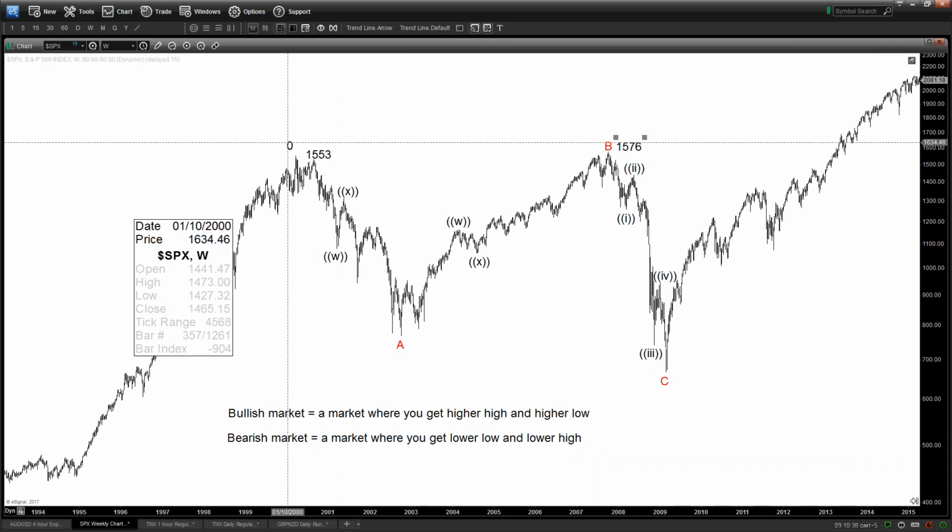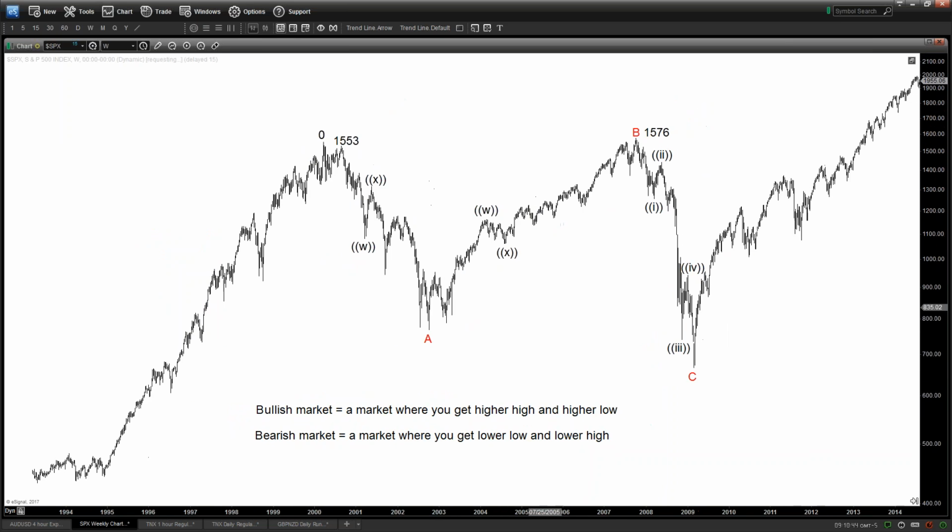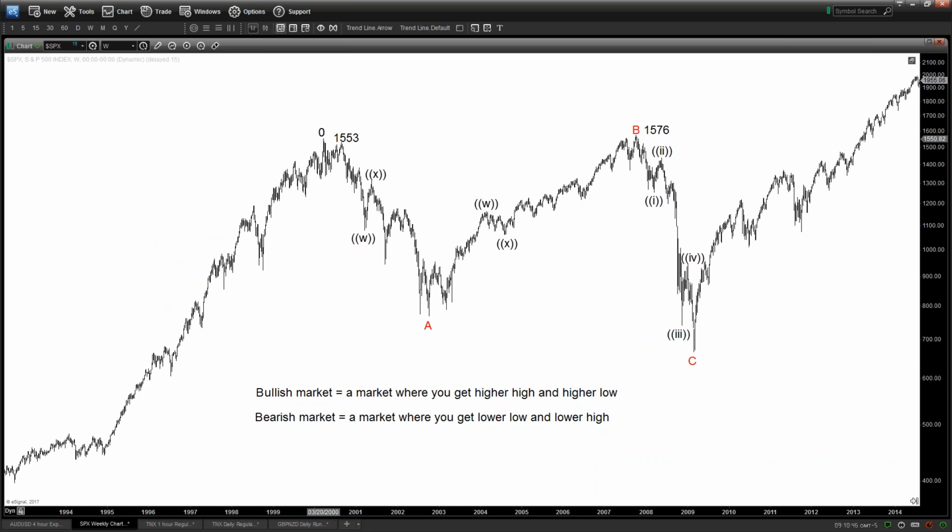All right, so now using this definition, you would say to yourself, great, S&P has broken the previous high, so it makes a higher high, so it is bullish. So this means everybody is very bullish on the market because it breaks this.